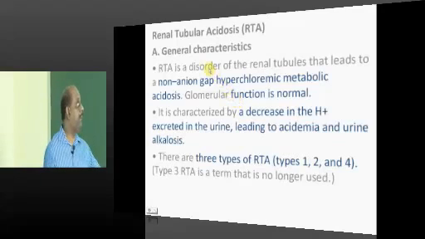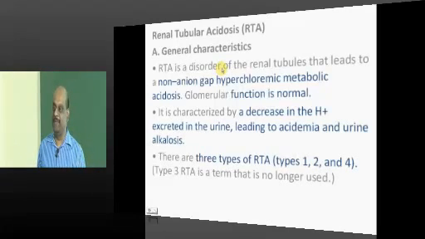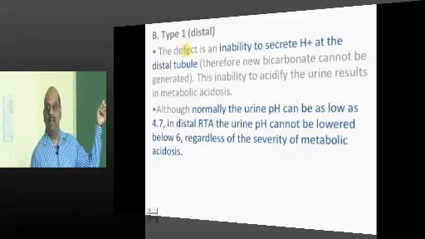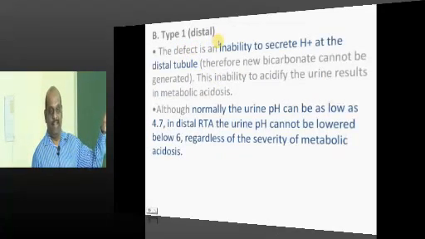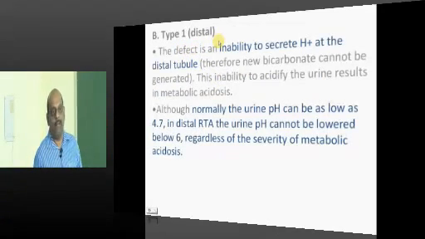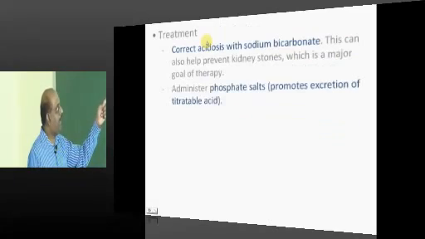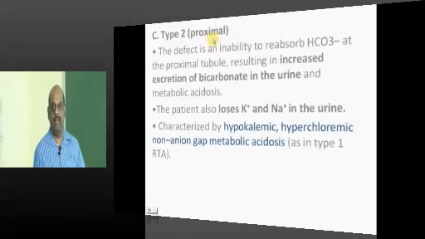The guy who proposed renal tubular acidosis is poor in mathematics and numbers, even English also. Why? The type 1 he named distal RTA. Type 1 we expect proximal. Okay, forgiven. Type 2 he called it as proximal.